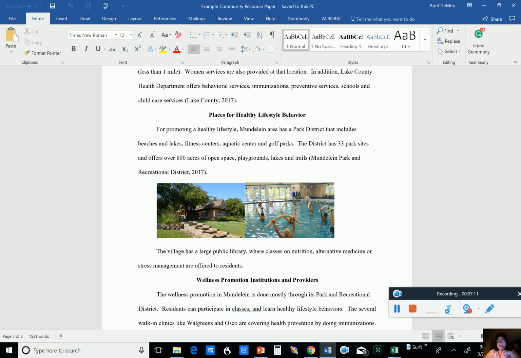And you may say, well, Professor April, I'm not going to be a researcher or an author. Why do I need to know how to do this? Because a good paper illustrates the provider's ability to critically think and to utilize logical reasoning skills. So it is very important.